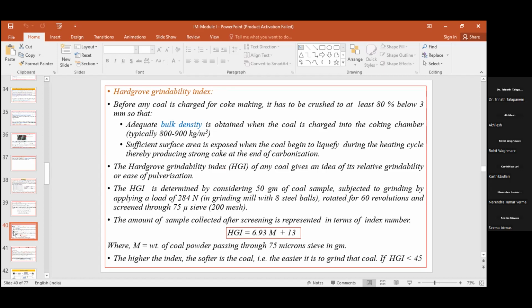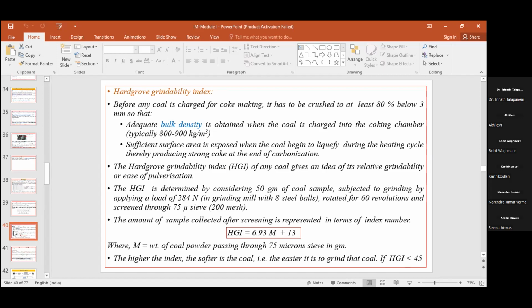So this can be determined by considering a sample of 50 grams, and you subject that to grinding by applying a load of 284 Newton by using grinding media, that is steel balls, and you rotate this sample inside the drum for 60 revolutions, and then collect the sample, screen it using 200 mesh, and the amount of coal which passed through that particular screen will determine the grindability index of the coal.